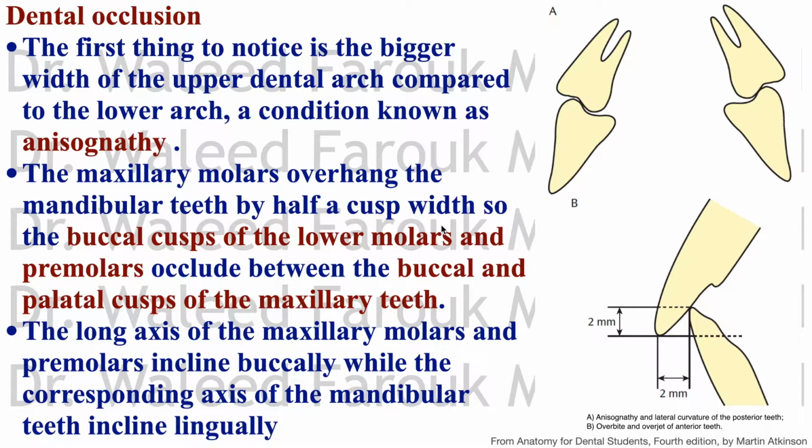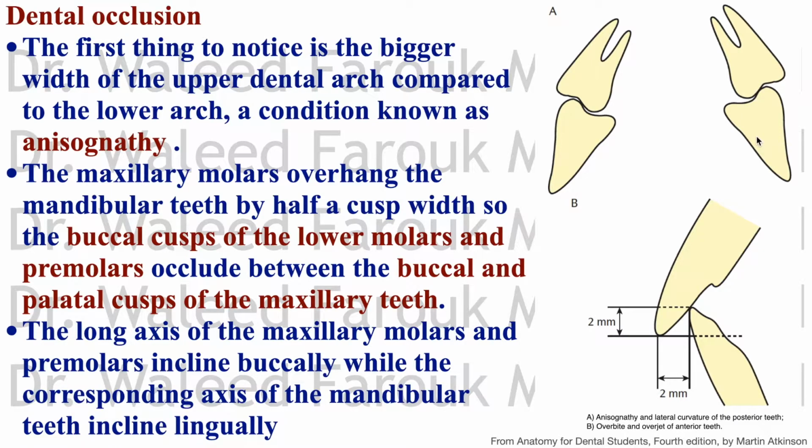The maxillary molars overhang the mandibular teeth by half a cusp, as you can see here. Buccal cusps of the lower molars and premolars occlude between the buccal and palatal cusps of the maxillary teeth.